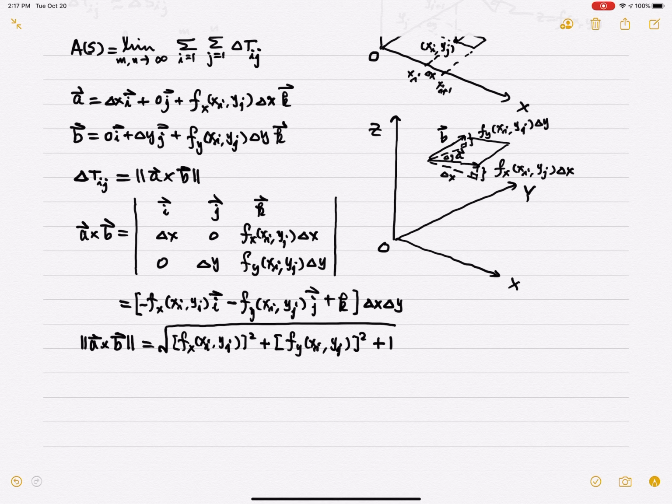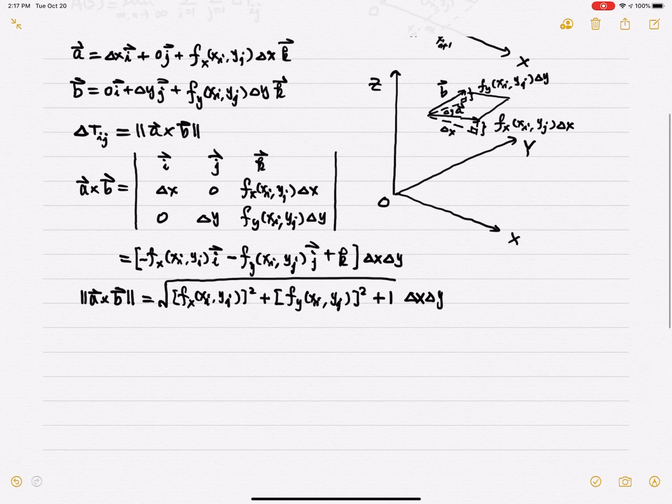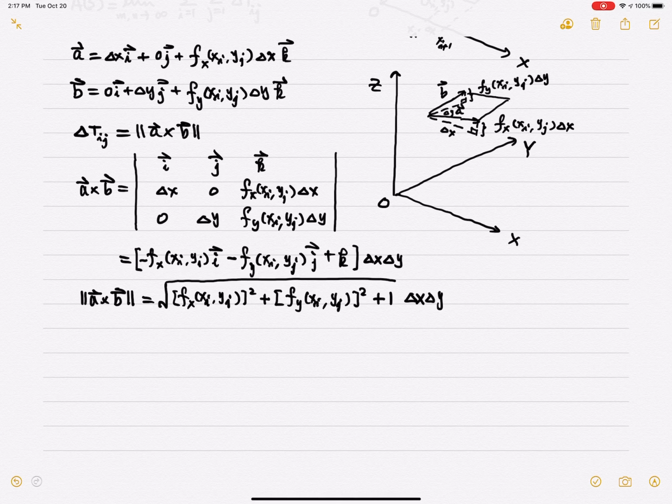Now delta x delta y is outside, and since delta y times delta x is positive, you can just put it outside. This is the delta T_ij.